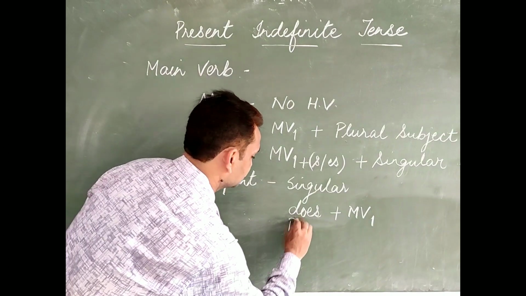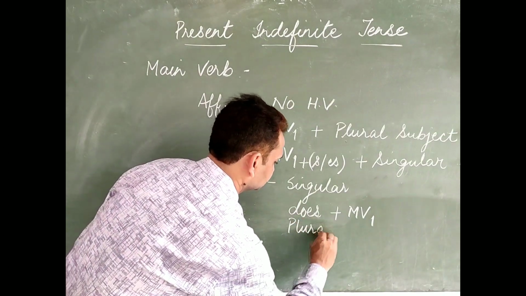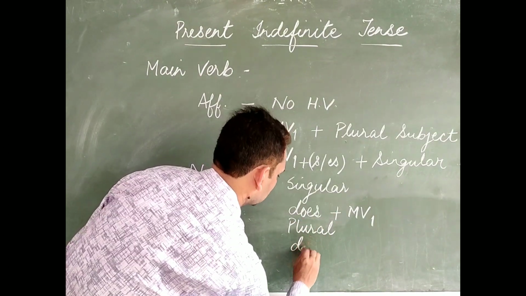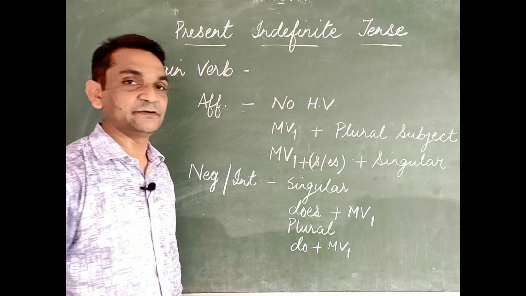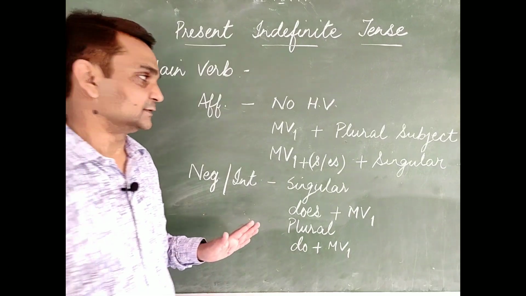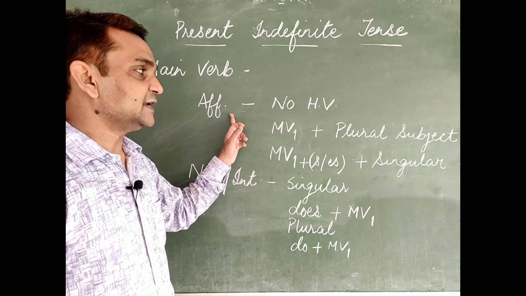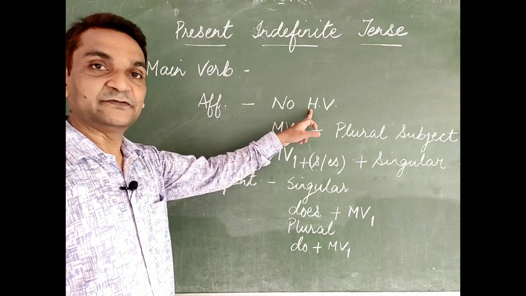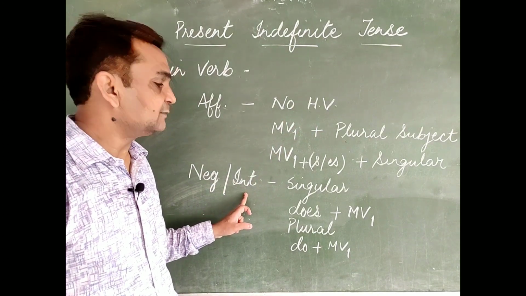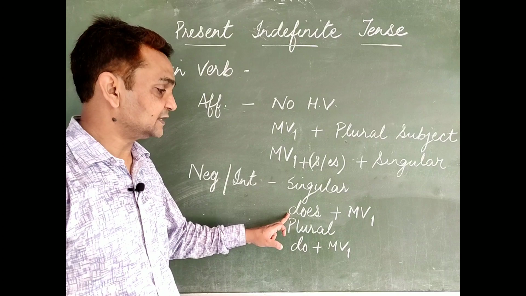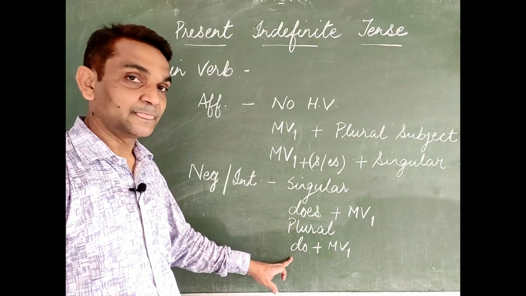When the subject will be plural, do plus first form of the main verb. So it's very simple. In affirmative sentence, there will be no helping verb, but in negative and interrogative sentence, there will be helping verb, does and do.